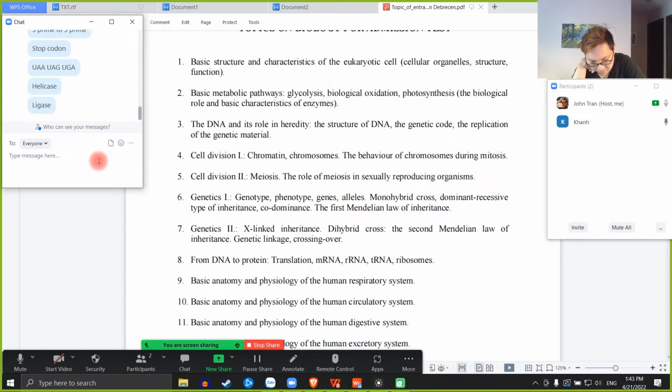Translation involves the formation of sequences of amino acids. That's code for where this translation happens first. The translation happens in the cytoplasm. Are you sure? Yes, in the ribosomes, right?